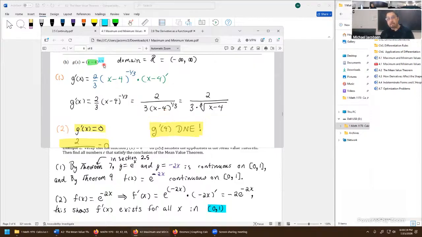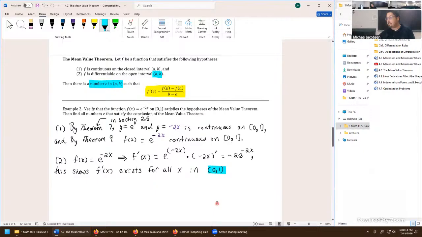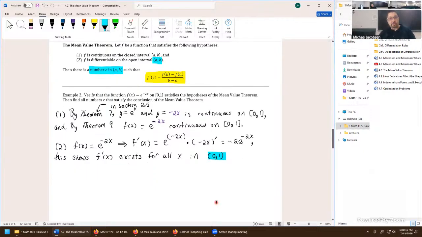So if we try to do the mean value theorem on any closed interval that contains 4, the hypotheses would not be satisfied. But for this one, you can plug in any value for x, you're going to get an answer for the slope of the tangent line. And so we have that conclusion, f is differentiable, or in other words, f prime at x exists for all x in the domain. And that's it. Those are the only two conditions.